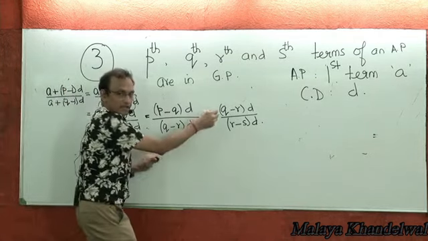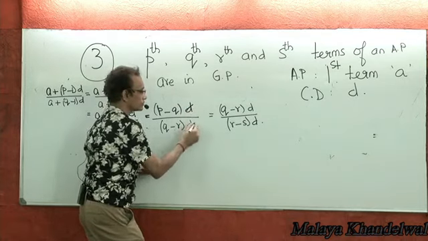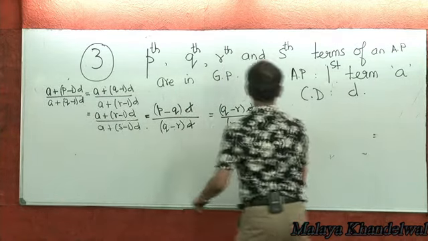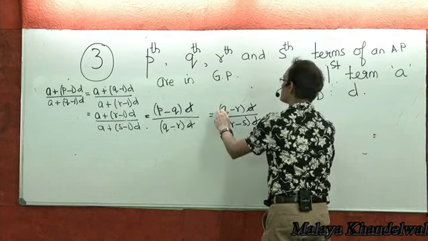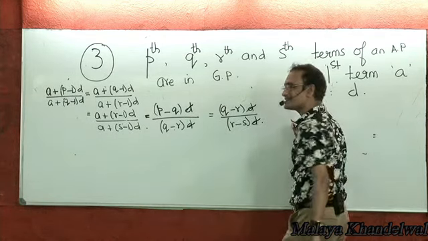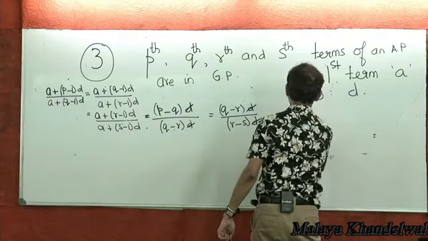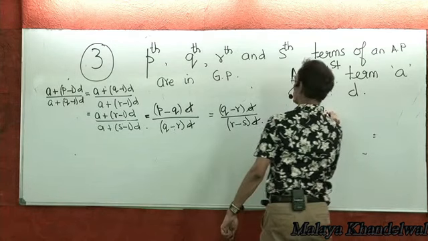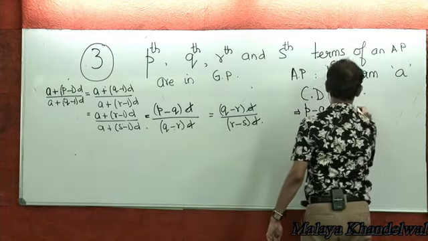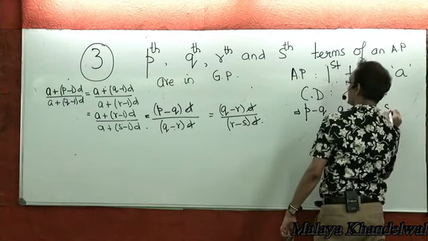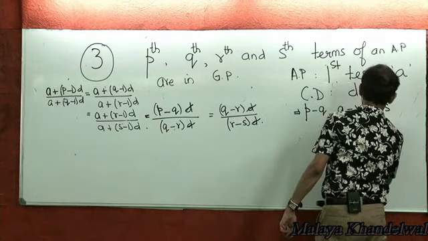D of course will get cancelled throughout. That means P minus Q by Q minus R is Q minus R by R minus S. That means P minus Q, Q minus R, and R minus S must be in GP.